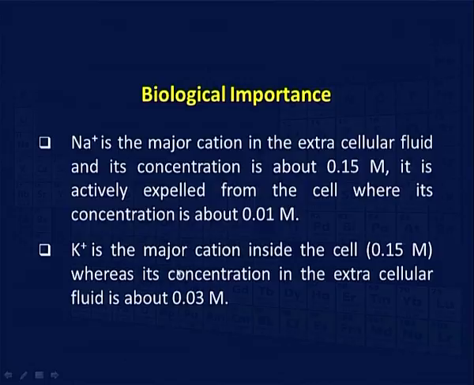The same is the case with potassium. Potassium is the major cation inside the cell, with a concentration of 0.15 M intracellular, whereas the concentration outside is about 0.03. So, you can see that both are opposite to each other, and this is maintained by something called the potassium pump, and we all know about it.